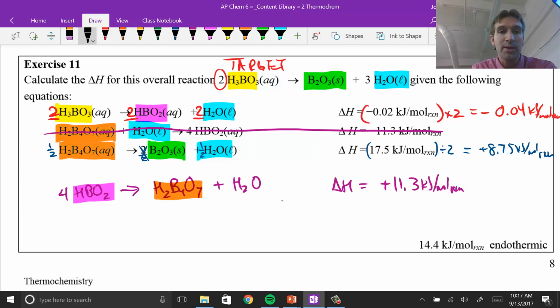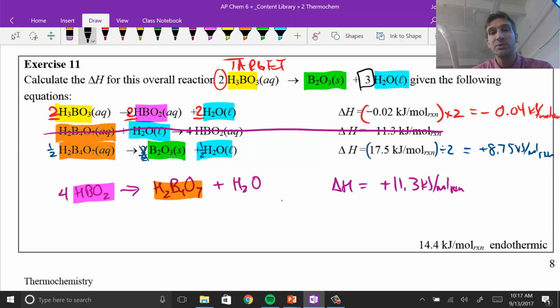If I were to combine this, 4 HBO2 on the left and 2 on the right, they won't cancel out. If I were to combine my H2B4O7s, it's 1/2 on the left and 1 on the right. Those don't cancel out either. Finally, that H2O, if I were to add all my H2Os right now, I get 2 and 1 and 1/2 is 3.5, where I need to get to 3.